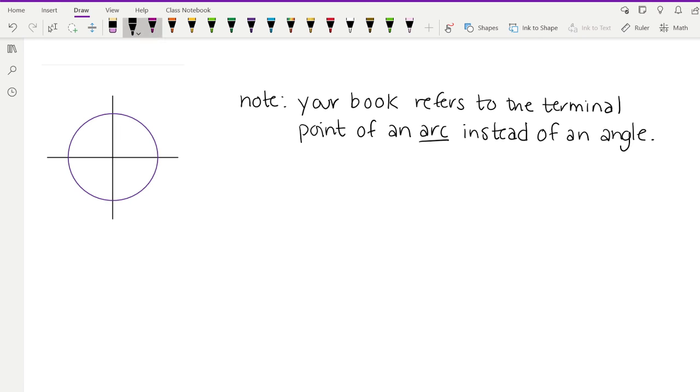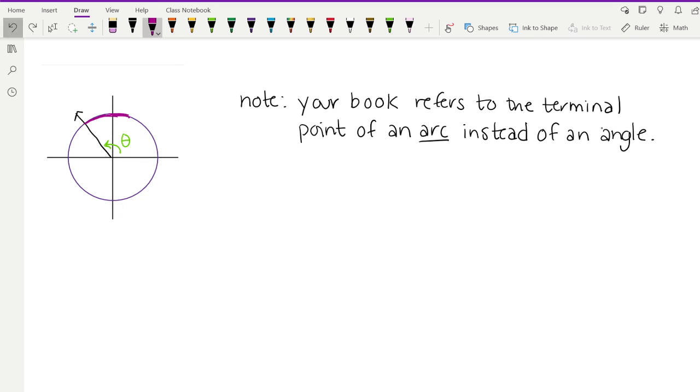So for example, let's say that you go to a particular angle. I'm going to draw a picture, kind of like our first picture when we were talking about terminal points. So let's say you're going to an angle of theta. Your book, instead of talking about the angle, talks about this arc.